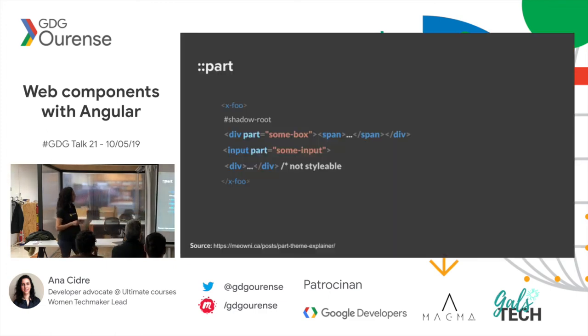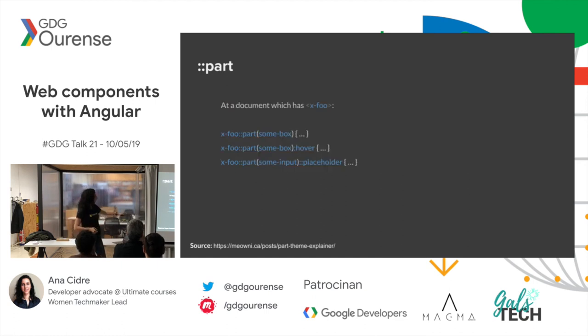What she says is that when we create our web components, we just need to use the attribute part and name it, and whatever we don't want developers to style from the outside, we just don't add the part attribute and they can't access it. So as a developer using that web component from the outside, I can access the CSS by saying the web component is called x-foo, then part, and then the name that I want.